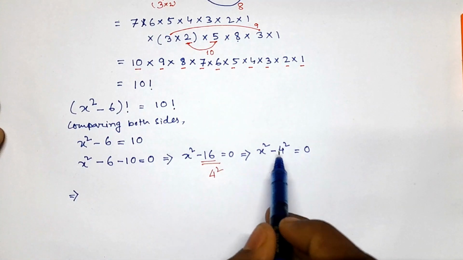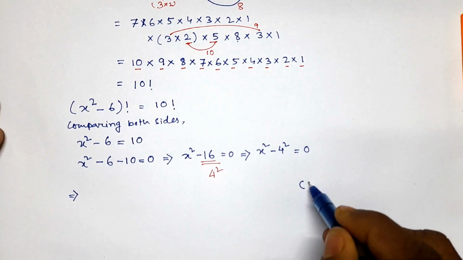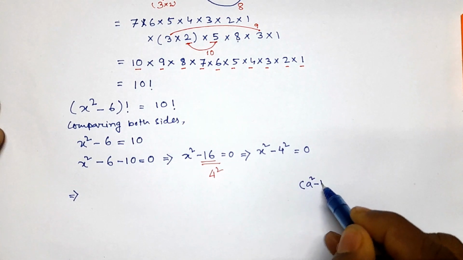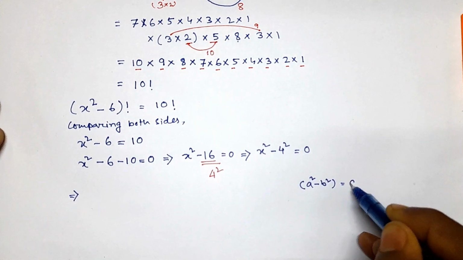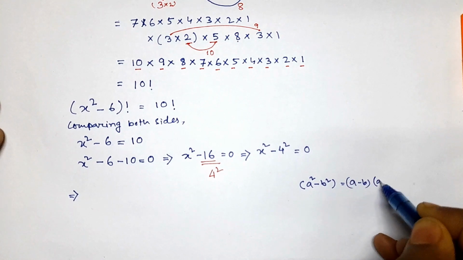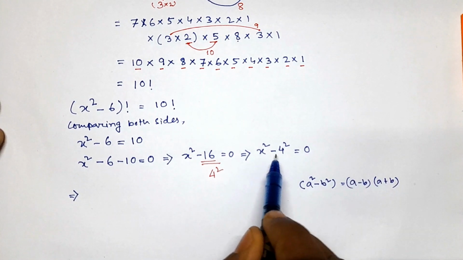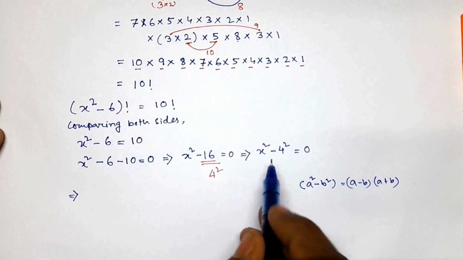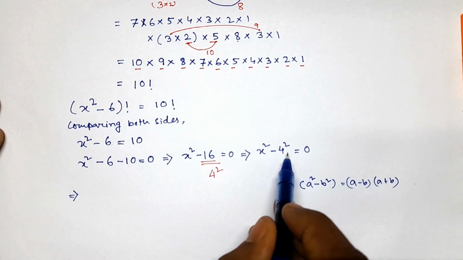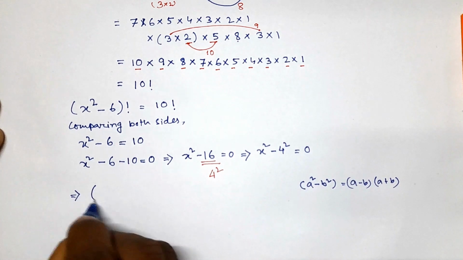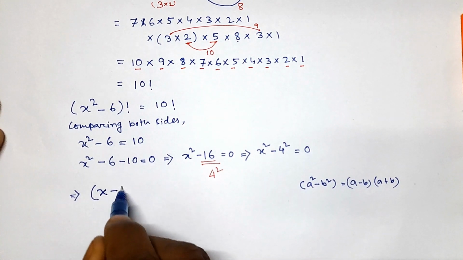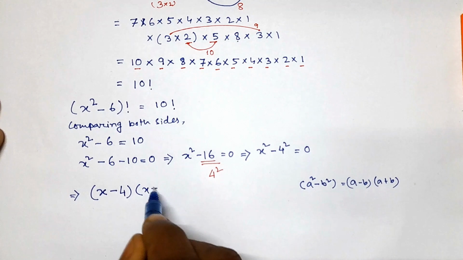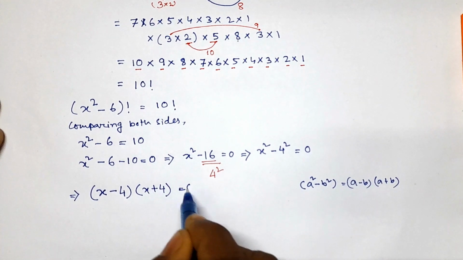Now we know that a² − b² = (a − b)(a + b). If we consider x as a and 4 as b, then we have an x² − b² expression here, which we can factorize as (x − 4)(x + 4) = 0.